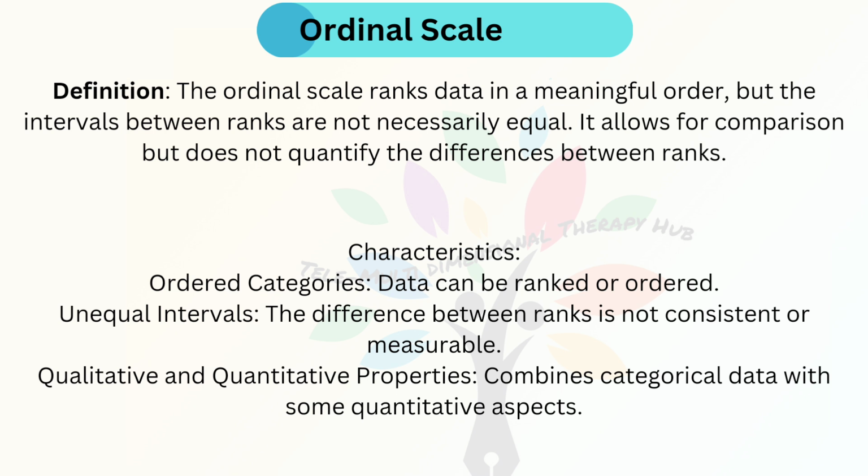And the third point is qualitative and quantitative properties. That means the data here combines categorical data with some quantitative aspects. Example, class ranks like first, second, third combine the order with the number. Right? We are ordering, but we are also using numbers.